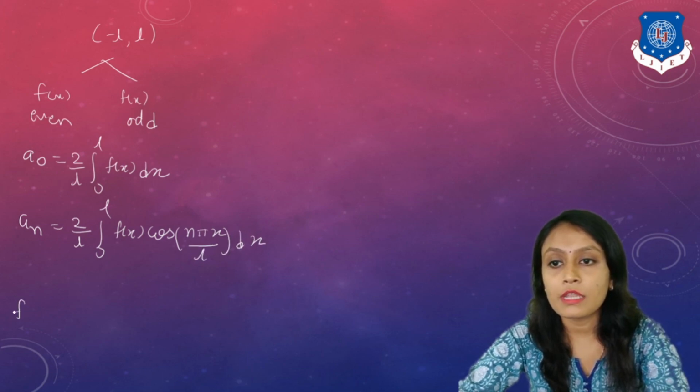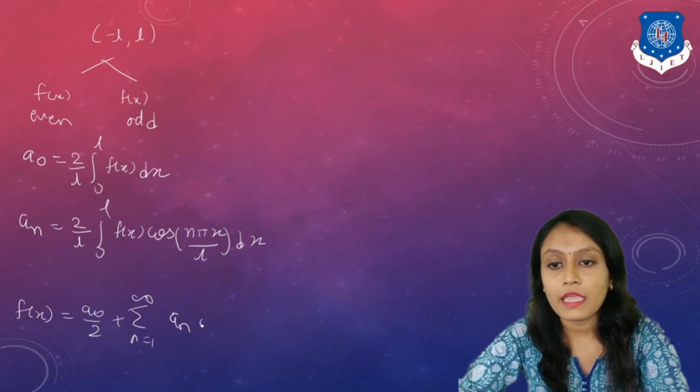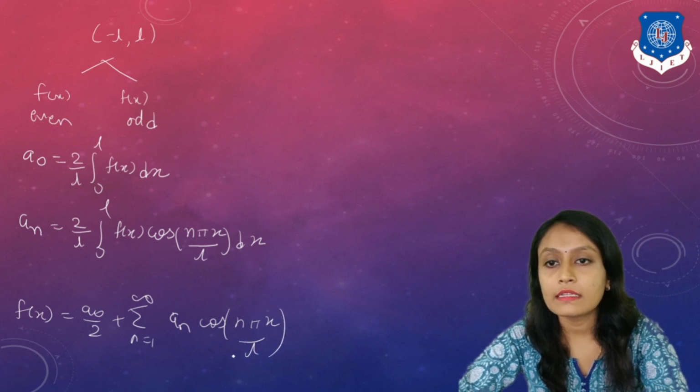And the formula for f(x) will be a0 by 2 plus summation n from 1 to infinity an cos(n pi x upon L).